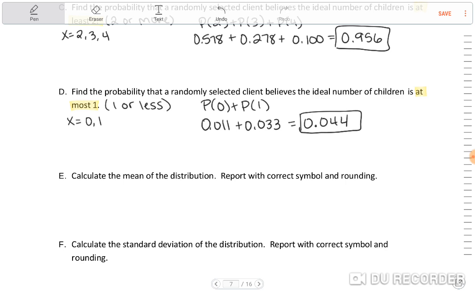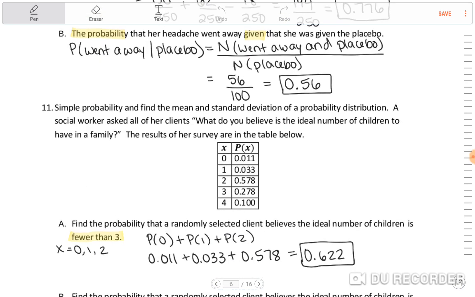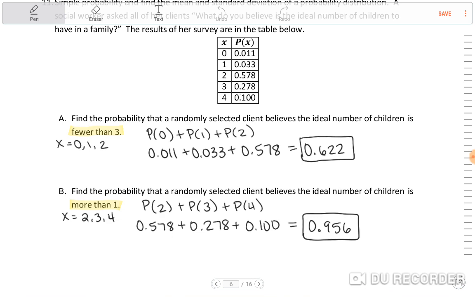Okay, part E says to calculate the mean of the distribution, report with correct symbol and rounding. All right, so the mean of the distribution is also called the expected value. I think you're going to find it pretty easy to do. You've got your x's here and their probabilities.